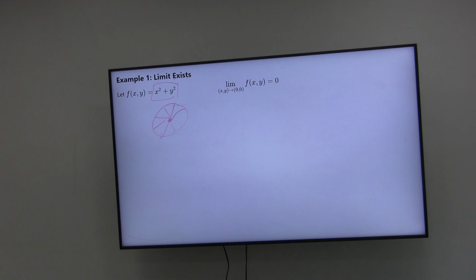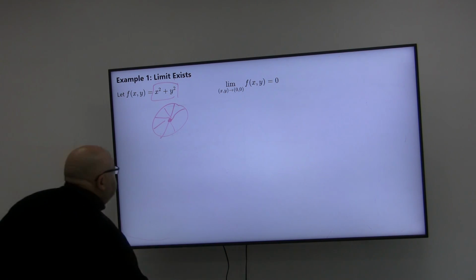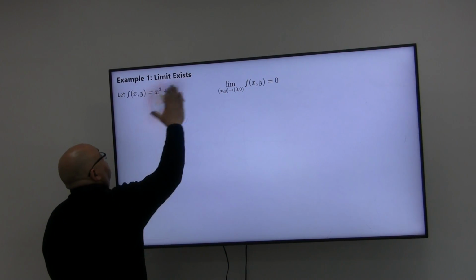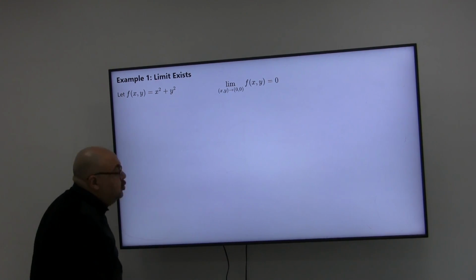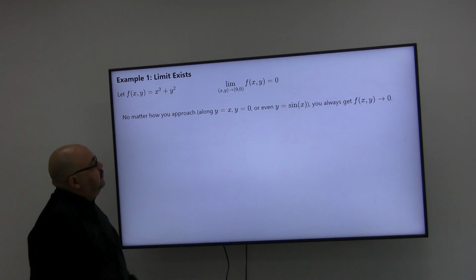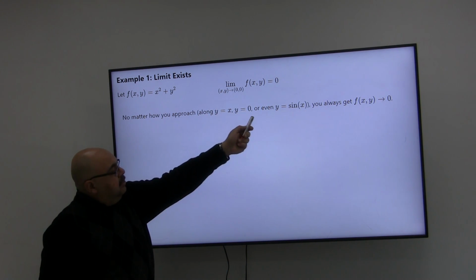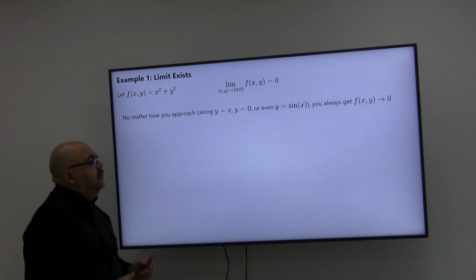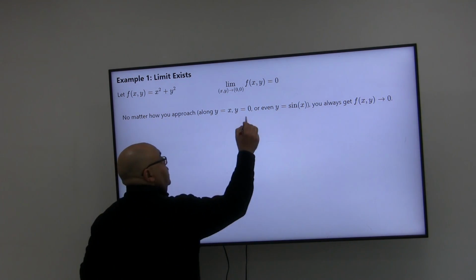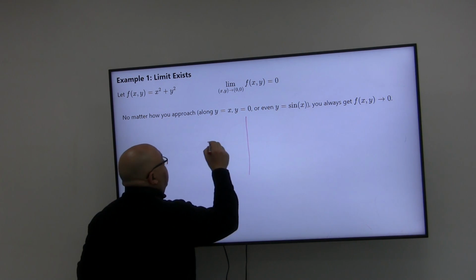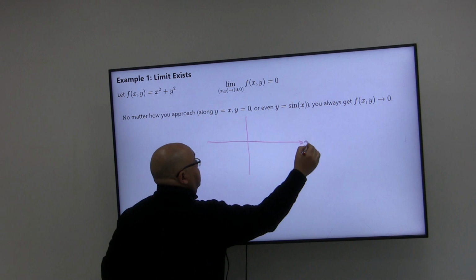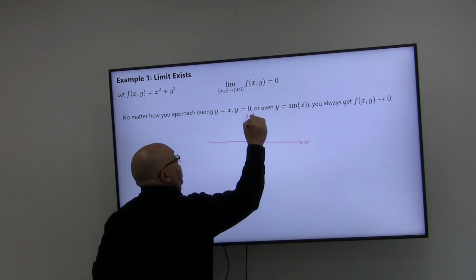Okay, let's try. If I want to reach the value of the function using x equal to 0, around the x-axis, around y equal to x, around y equal to 0, around y equal to sin x, all of them will be equal to 0. Look, it's very important that you understand this, it will matter a lot for you. This is the x-axis, this is the y-axis.